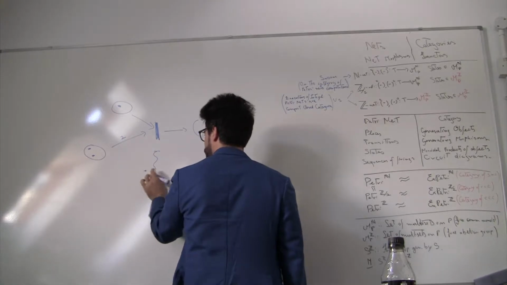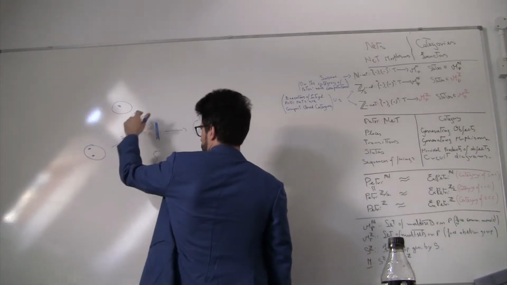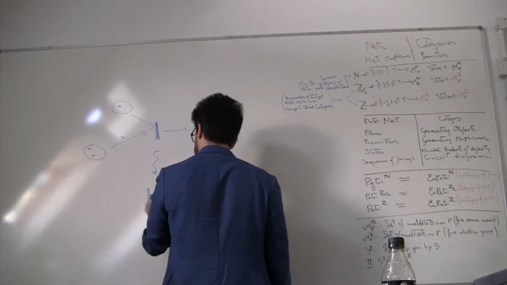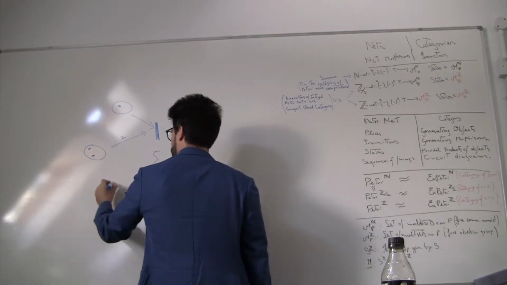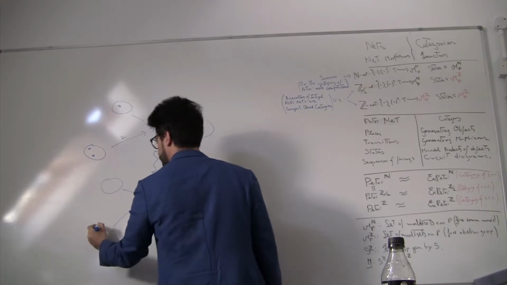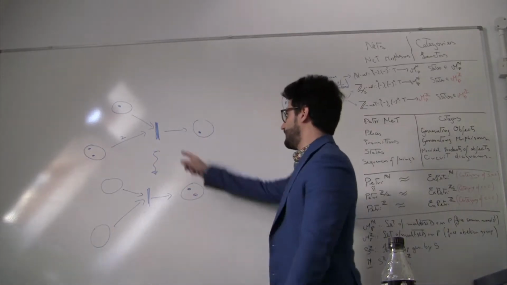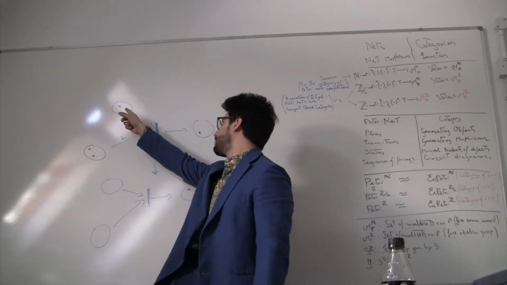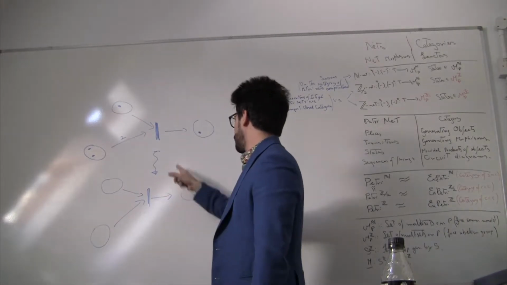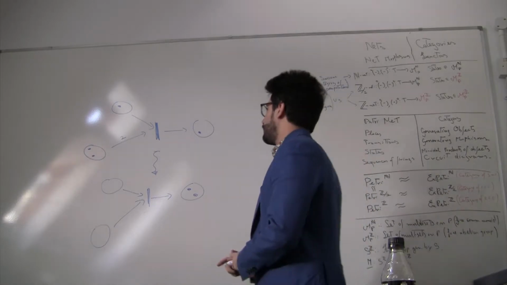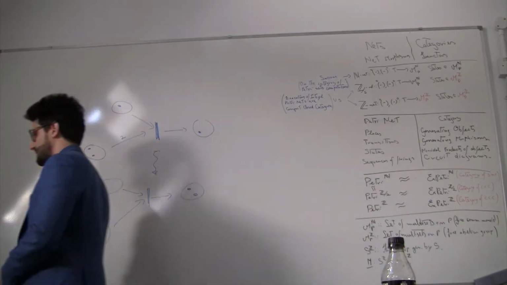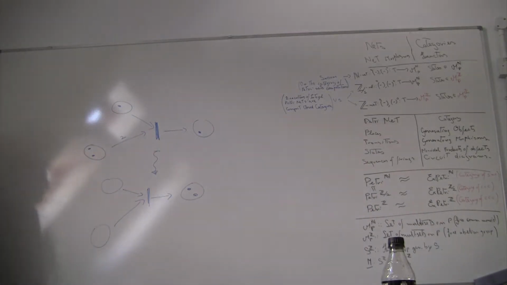That means that this process can consume some of these resources, and then what you get is something like this: two tokens from here, one token from here, and a token here. And with this you can represent quite a lot of concurrent computations and stuff like that.